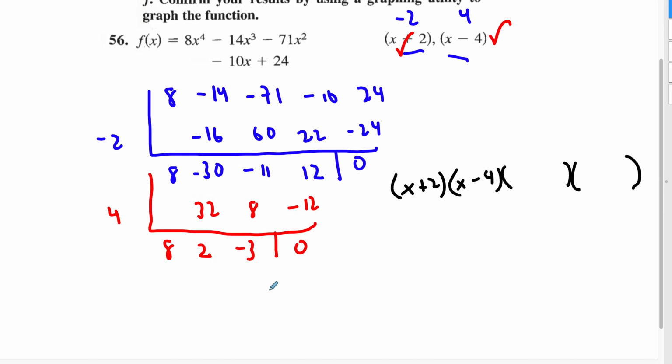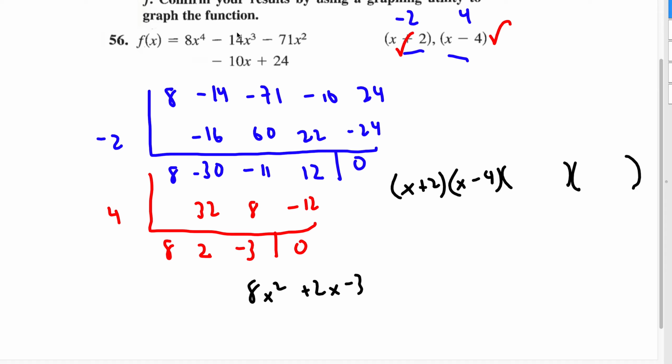Let's see. So this quadratic is 8x squared plus 2x minus 3. So can we factor that? Let's see. So we know it's going to be negative, and it's going to be positive, and we got an 8. I'm not sure this is going to work, folks. So let's scrap that and just go straight to the quadratic formula, which is still a valid way to go.